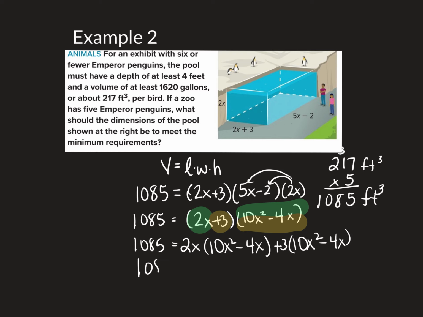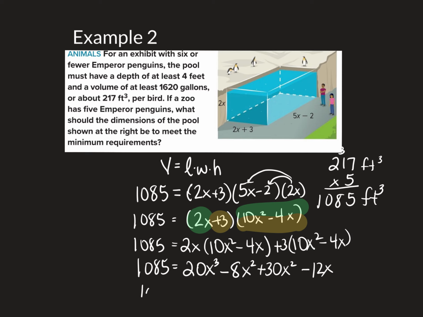So 1,085 is going to equal 20x cubed minus 8x squared plus 30x squared minus 12x. And then I'm going to combine like terms.